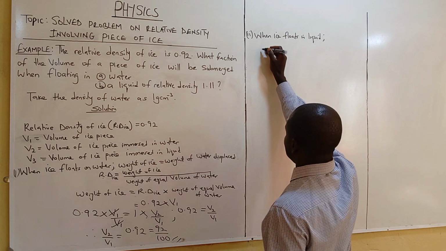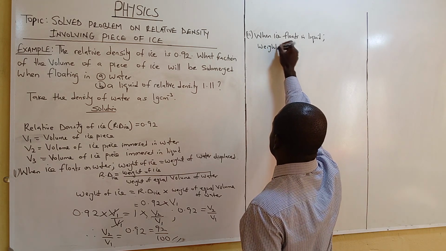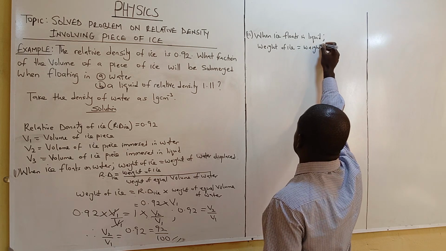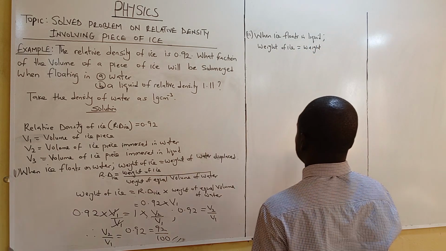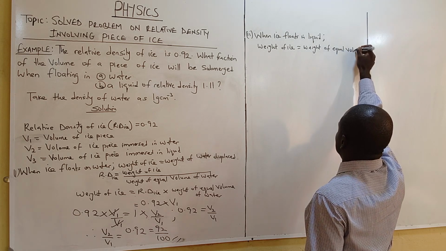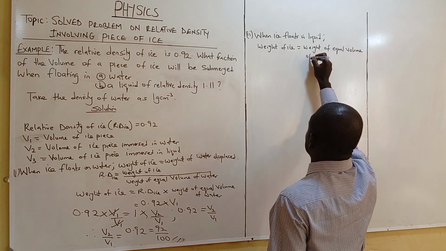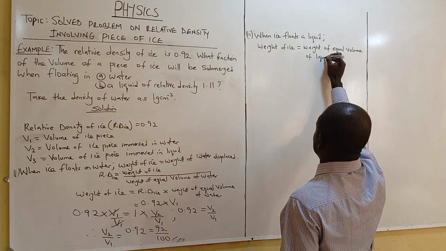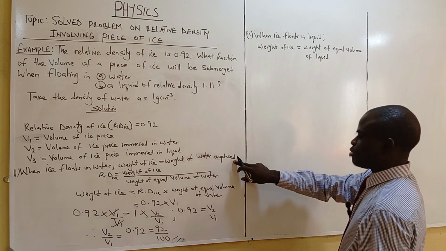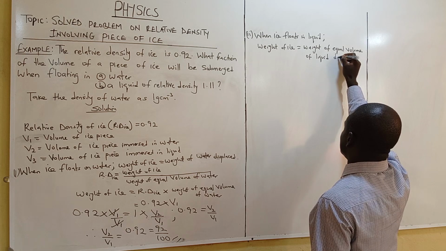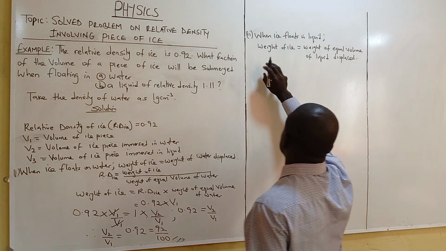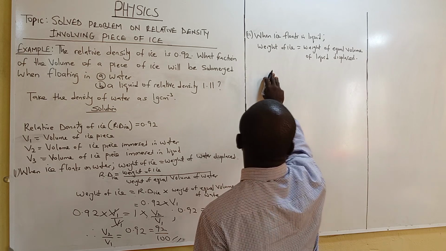That means that weight of ice is equal to weight of equal volume of liquid displaced. Okay, in the earlier case it was water displaced, but in this case it will now be liquid displaced, because we are referring to when ice floats in liquid.